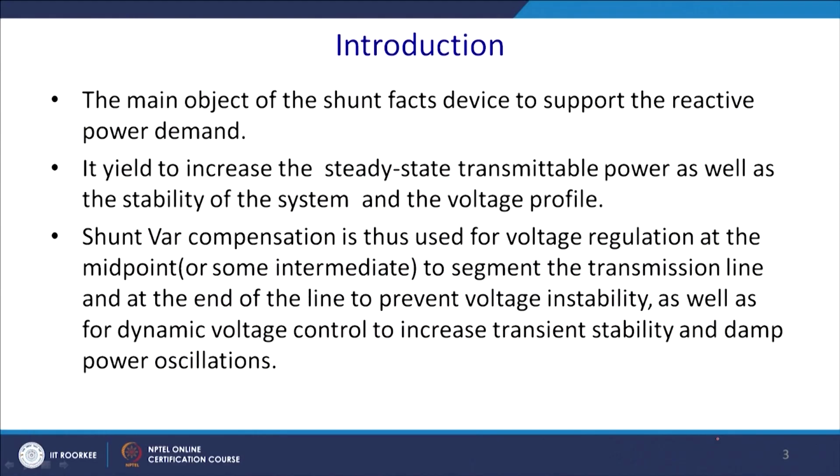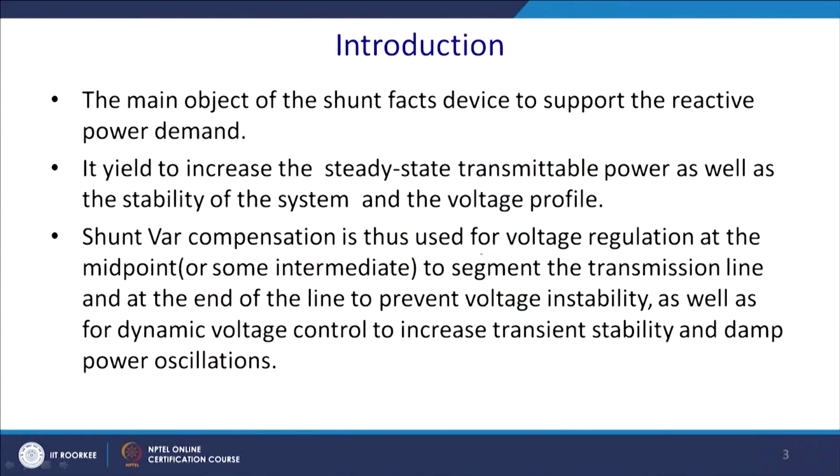Till now, in our initial assumptions, we will assume that these FACTS devices do not contain any real shunt power. For this reason, the major objective of the shunt device is to support the reactive power demand, which will be oscillating in the power system.